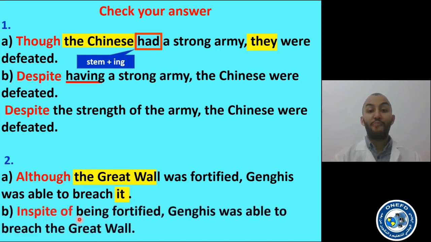In spite of being fortified, Genghis was able to breach the Great Wall. Here we have used the same technique we used in this example. The verb here is was. We turn this into a gerund, verb plus ing. Is that okay?